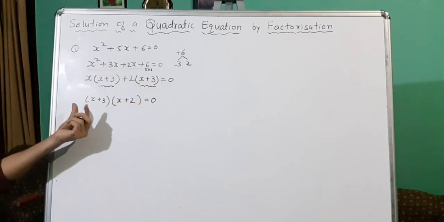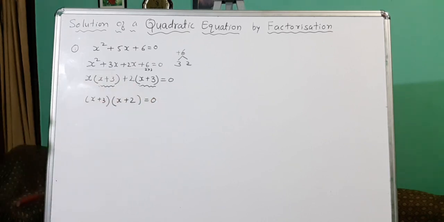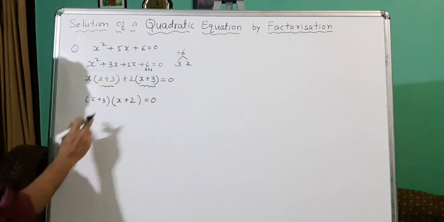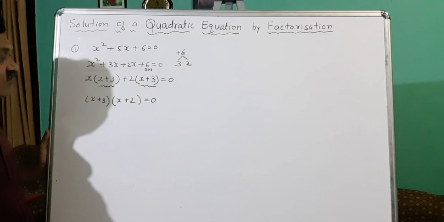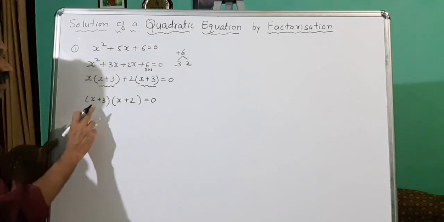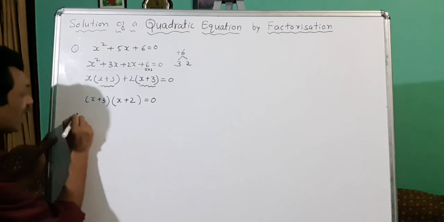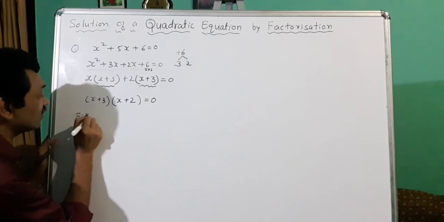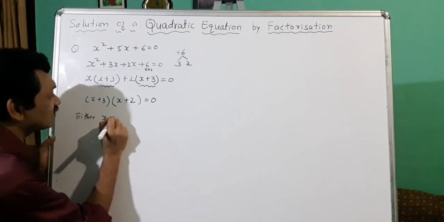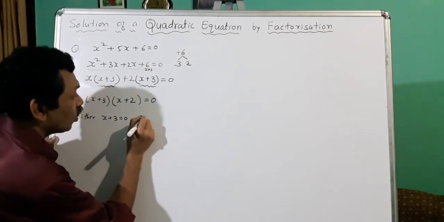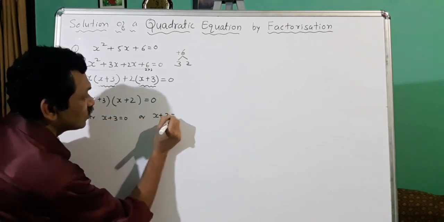Now we have the product of two brackets equal to 0. Whenever we multiply two numbers and get a product of 0, that means either one of these two brackets is 0. So we can take either x plus 3 is equal to 0 or x plus 2 is equal to 0.